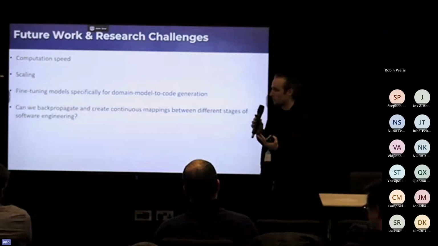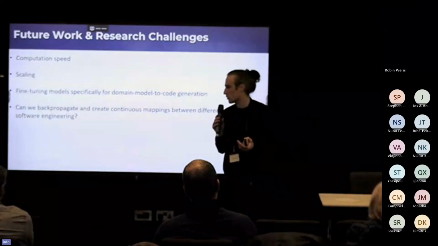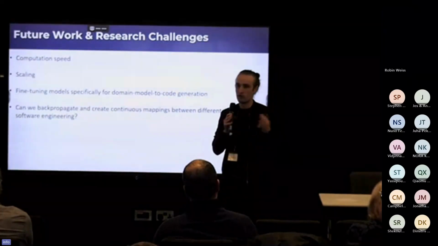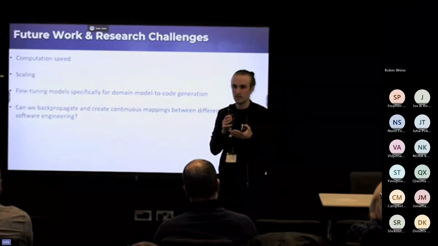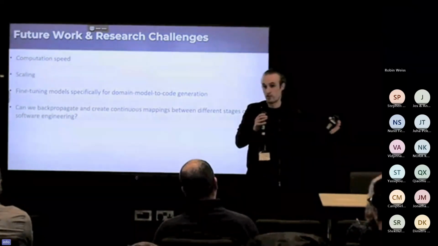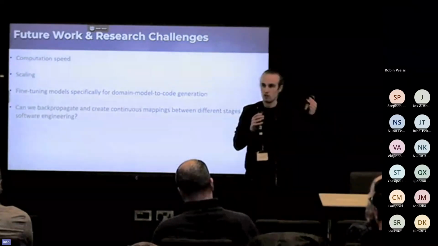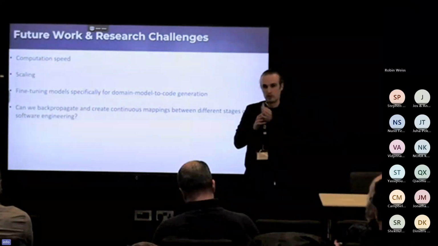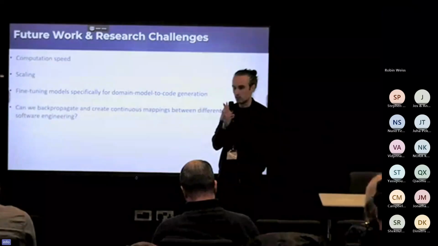And again, this is getting into the future again, but I think a reasonable question to ask is, can we do this for other stages of software engineering? So let's say we start off with our requirements and we use our requirements and an LLM to generate some tests, or we use that to generate some domain models and we use them to generate code and we use them to, whatever else.